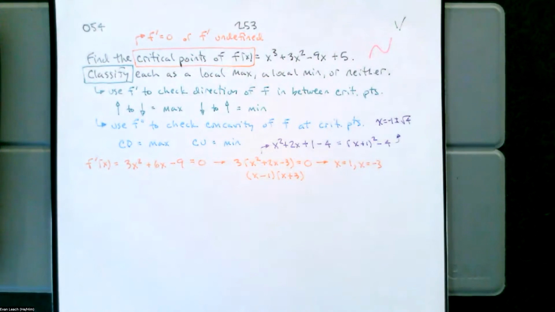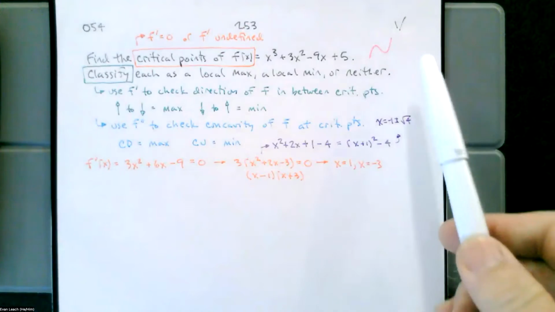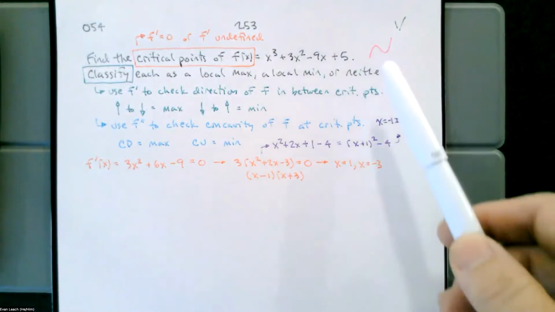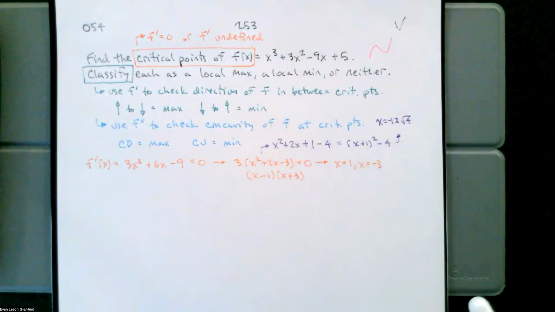It's cubic with a positive leading coefficient. So the limit as x goes to infinity must be positive infinity, which means the other end is negative infinity. There are two critical points, so it most likely turns around twice. It looks like -3 is going to be a local minimum and 1 is going to be a local maximum.